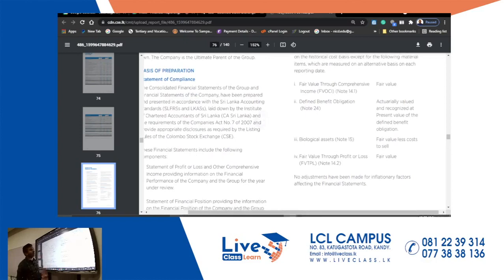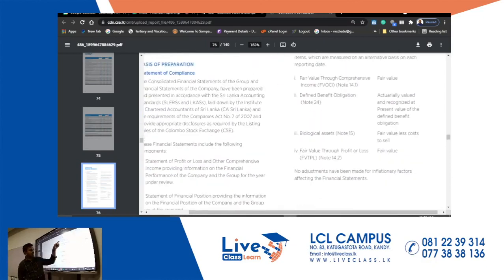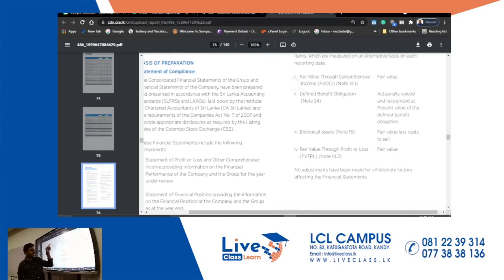If you look at their annual report, some of the key things are here. The biological assets, they have used fair value less cost to sell. Forget about the cost to sell for now.